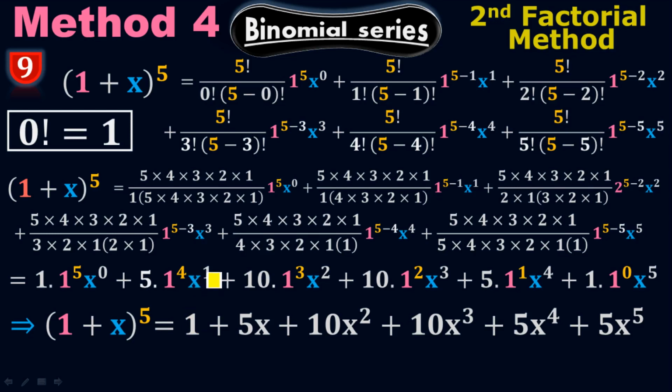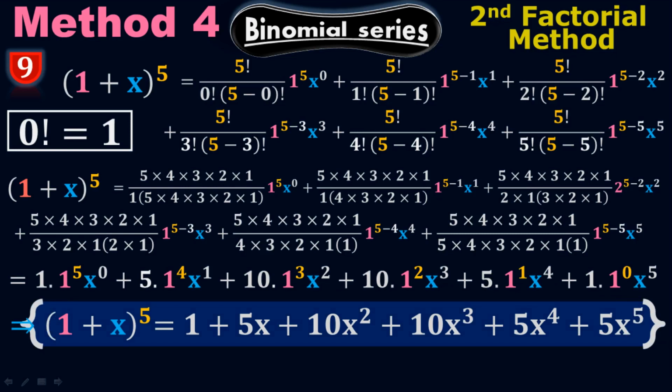Similarly, x to the 1 is x, 1 to the 4 is 1, so we have 5 times 1 times x, which is 5x, and so on. There we got the final binomial expansion. It is the final binomial expansion for 1 plus x to the whole 5 using second factorial method.